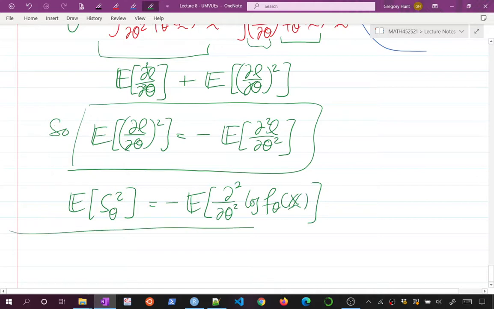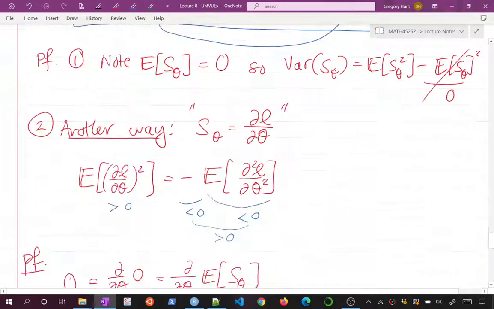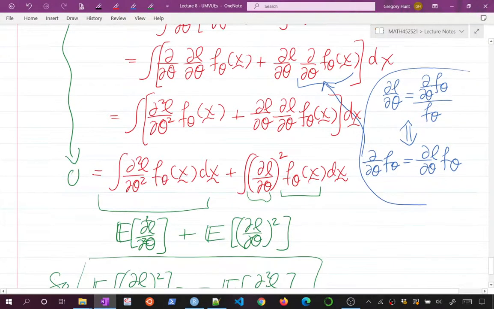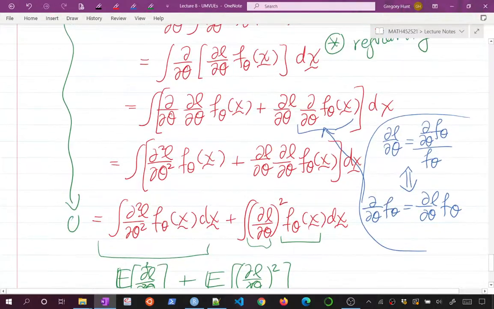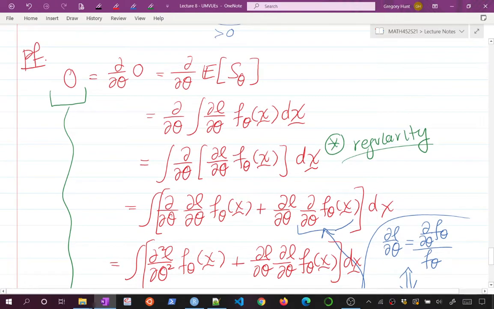These are all equivalent ways, right? Because this is L of theta, it's the second derivative. Not a big deal. But so that's the proof. If you look at the proof, it's actually just rearranging and using some clever facts. It's not too complicated. It does involve this regularity, which lets us interchange differentiation and integration. That is okay for exponential families. Not going to work for families where the underlying unknown parameter changes the support.